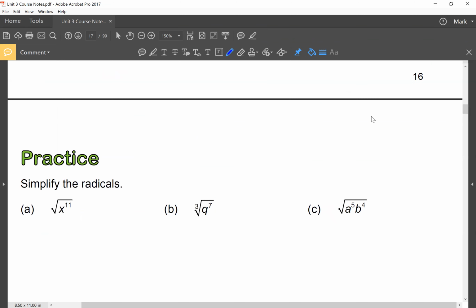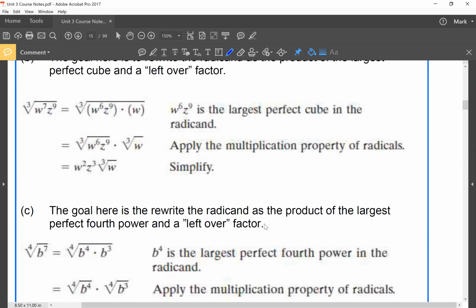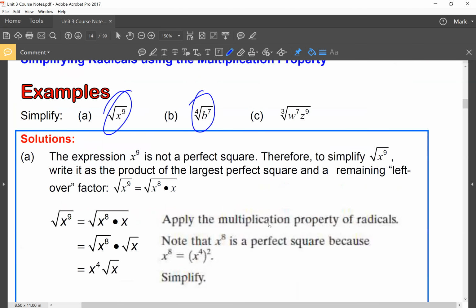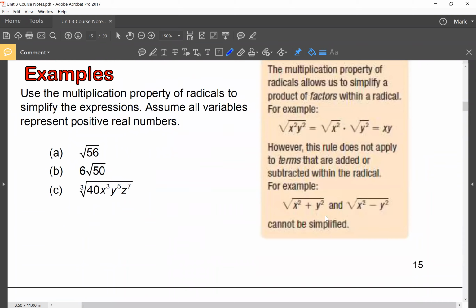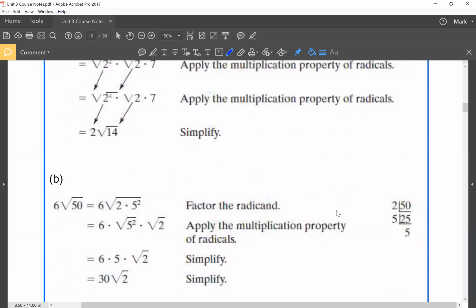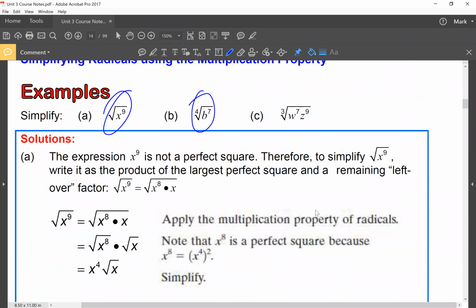Okay, so let me do a couple of examples. I hate going through examples from the book here. I'd rather do them with you. But anyways, let's look at some of these. Mr., in the last thing, can I put it x power 4, x power half? What question? What number? A? Like this one, A right here? Yes, this one.